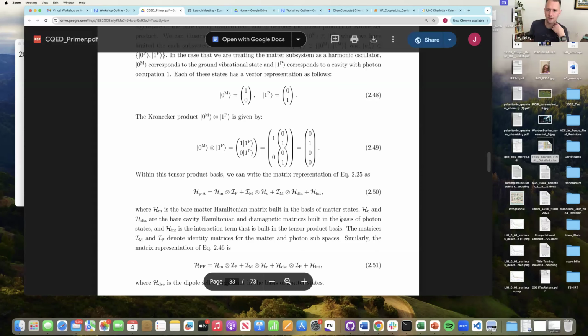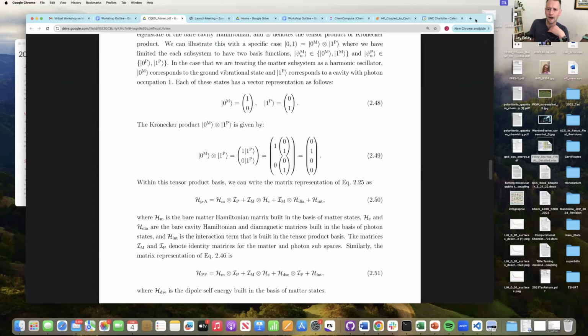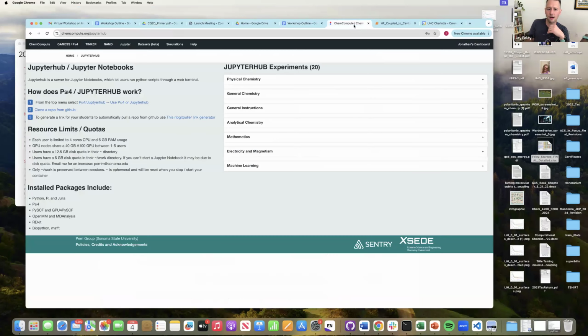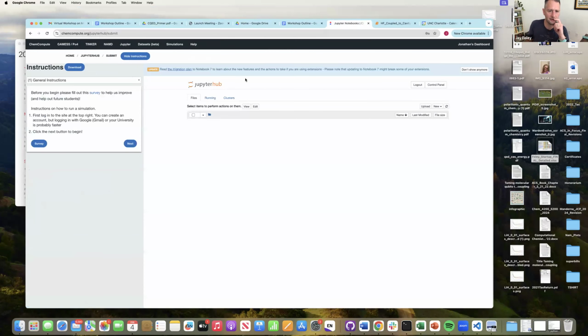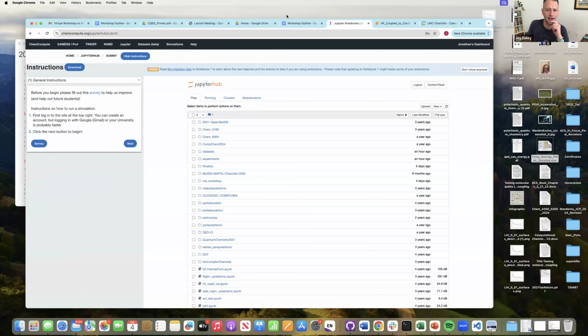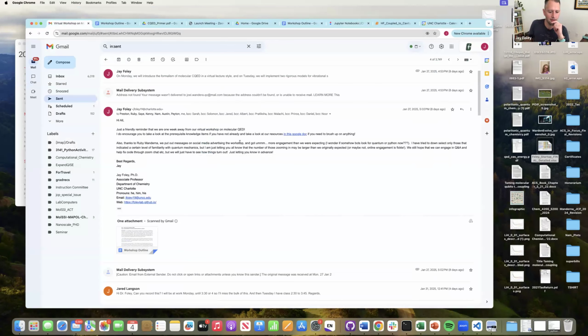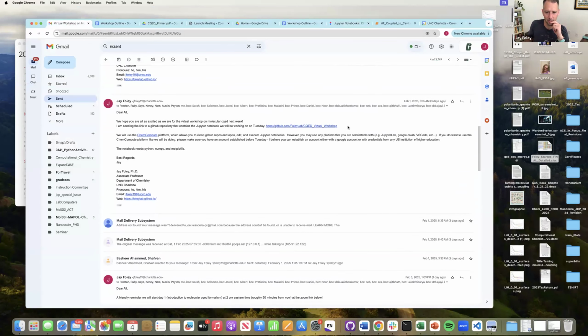And let me share my screen one more time. So here's what I'm going to do now. As I mentioned, I'm going to be using the ChemCompute server. I've logged into ChemCompute, and I'm going to clone the GitHub repository that we provided to you. So let me go to my email and find where I sent everybody the GitHub repository.